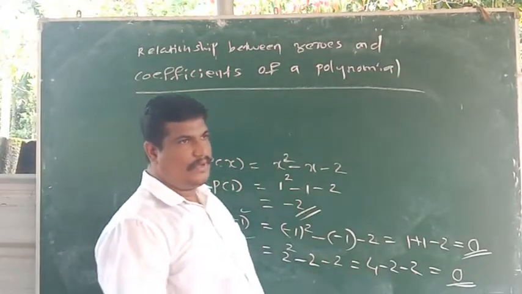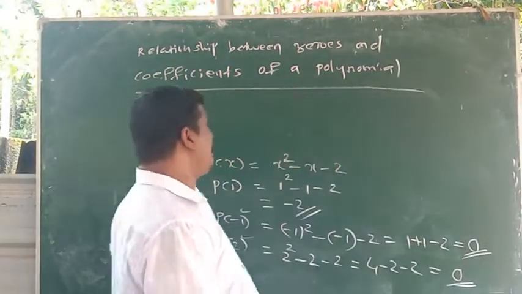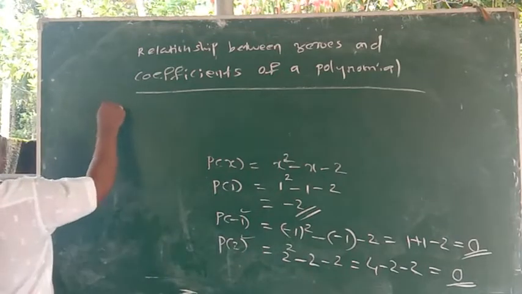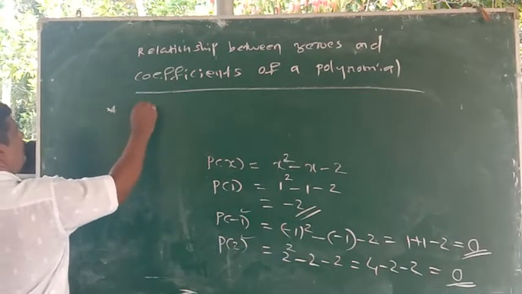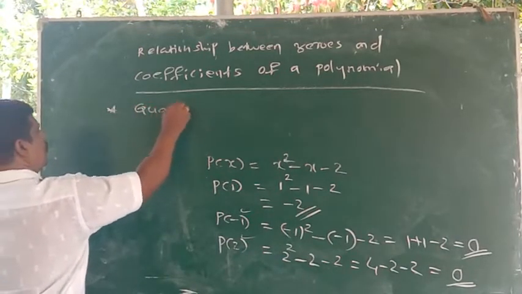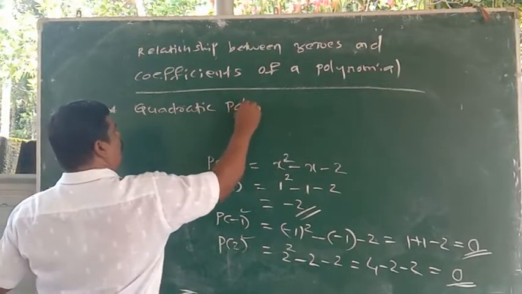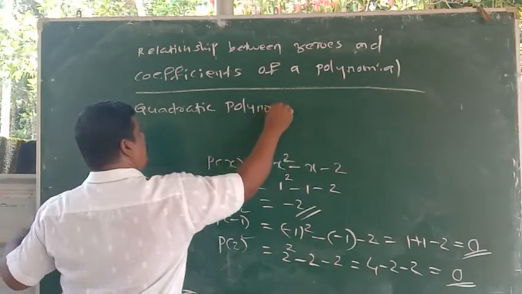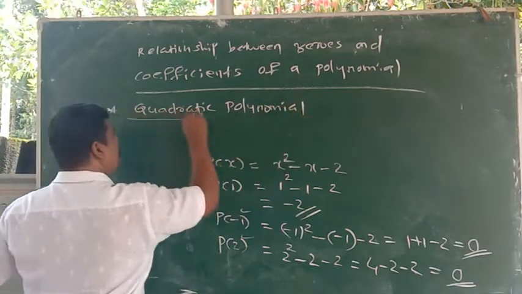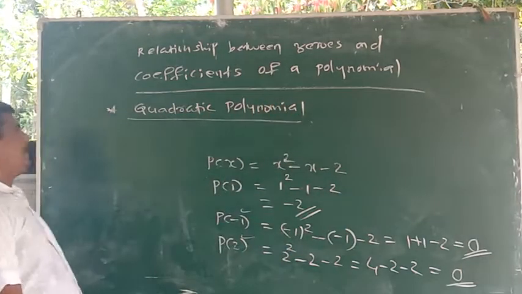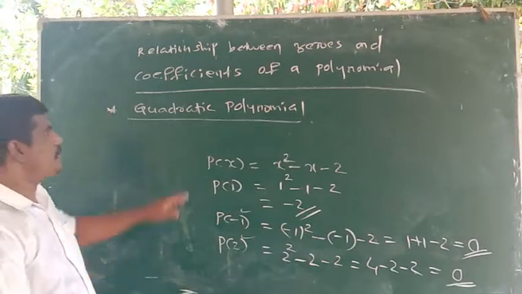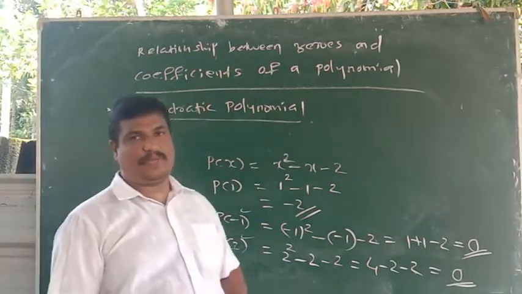So, in this case, first a quadratic polynomial. So here, relationship between zeros and coefficients of a polynomial.